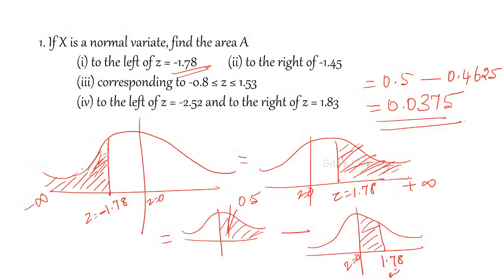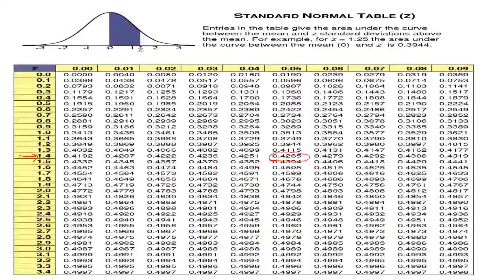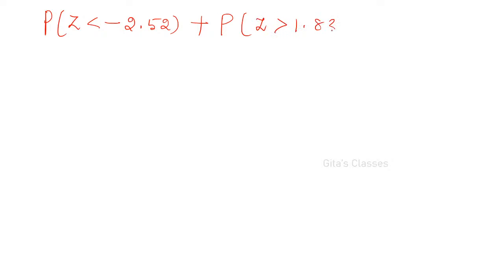What is the next one? The last one: to the left of minus 2.52 and to the right of 1.83. So to the left of minus 2.52, that is the probability that z is less than minus 2.52, plus you have to find them separately, z greater than 1.83.